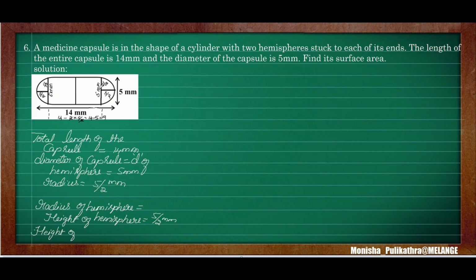So if both the heights are subtracted from the entire 14, then we will get the height of the cylinder.